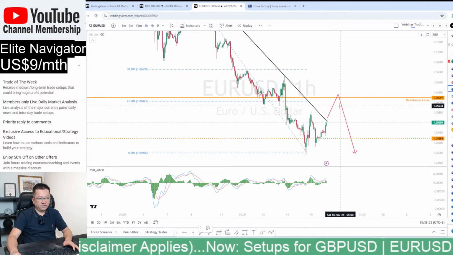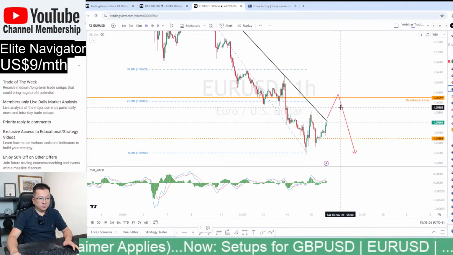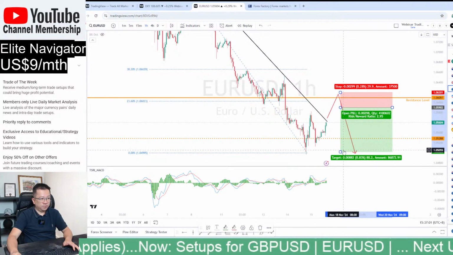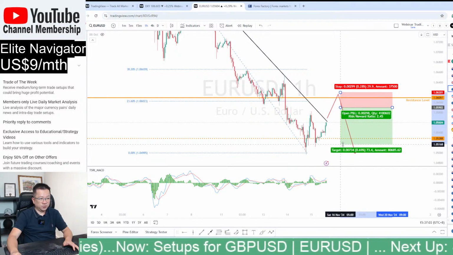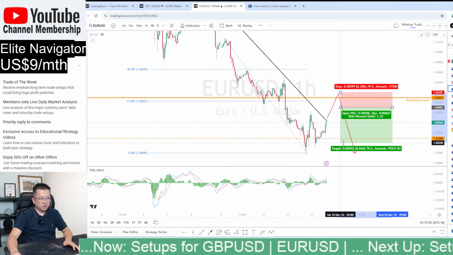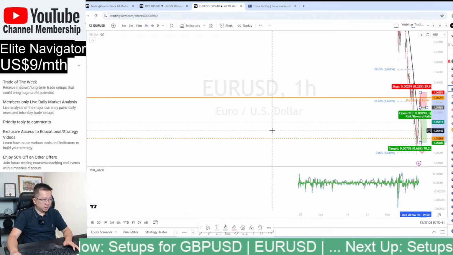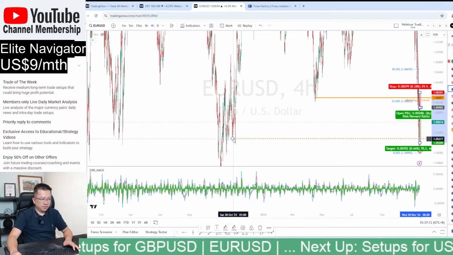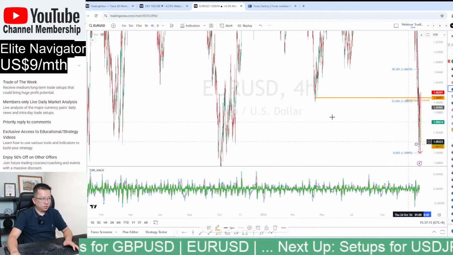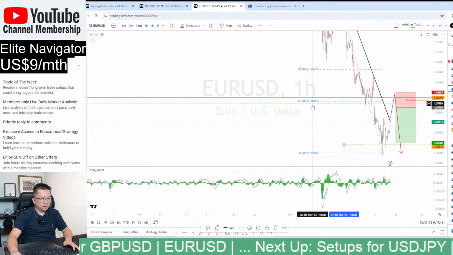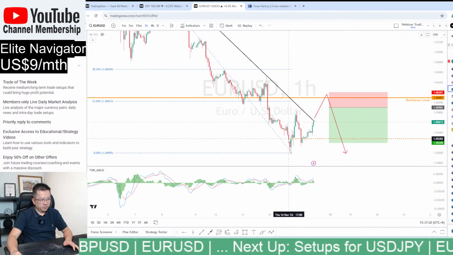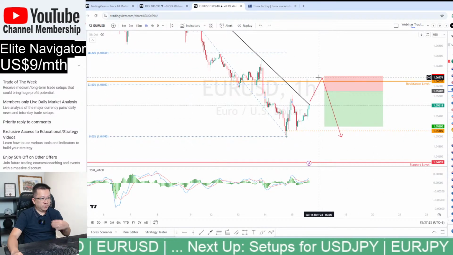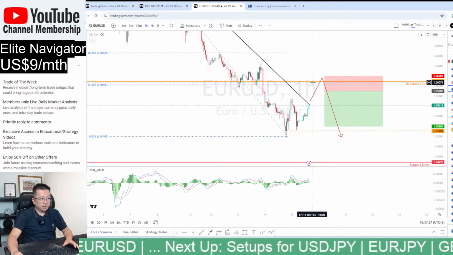So 1.0590. Stop loss would be about 30 pips. Take profit just back down to this point. We'll say about 70 to the downside. Let me check this dotted line. Yes, dotted line makes sense, but we can do a renewed level of this dotted line down to here. So let it push up. It could go beyond this resistance level.